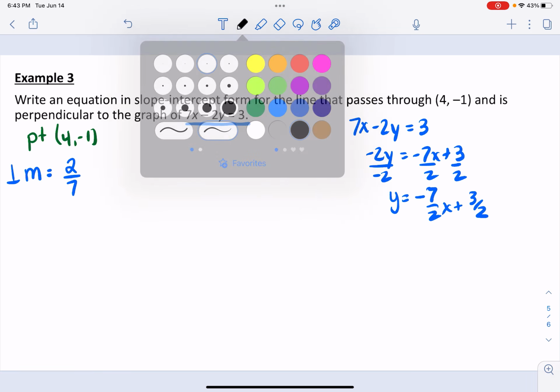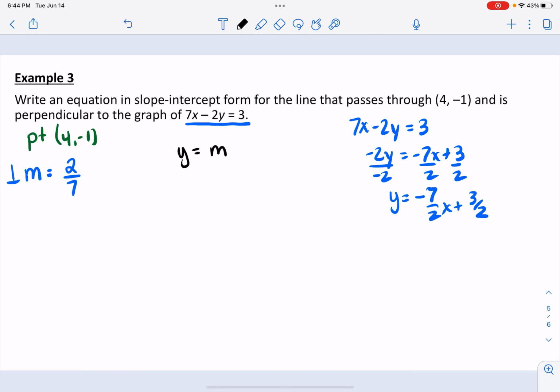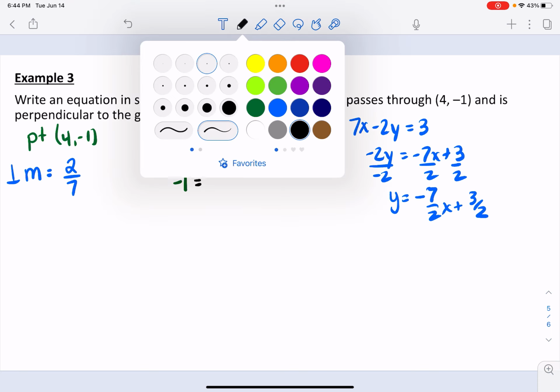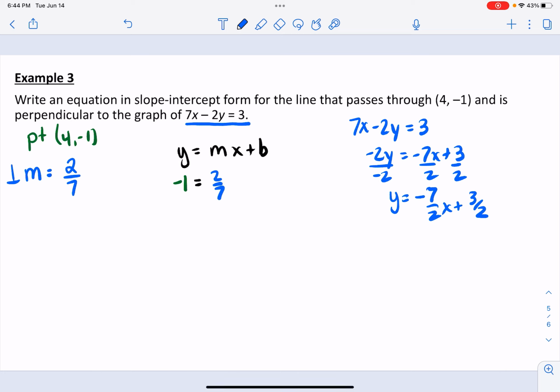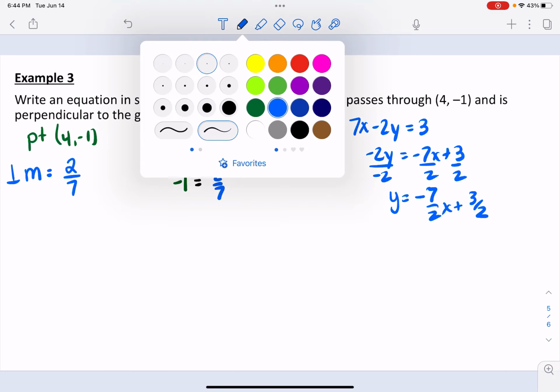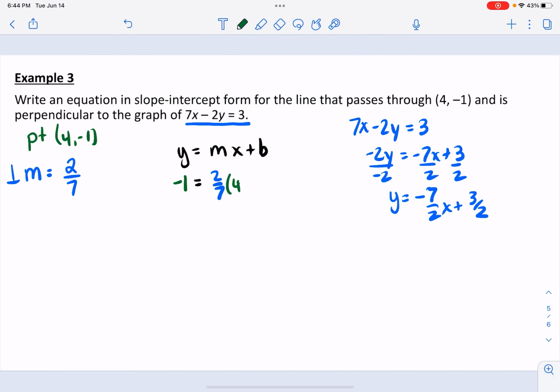Okay, so now we plug into y equals mx plus b. Our y comes from that -1, equals m, which is 2/7, times x, which comes from the 4 from my point, plus b. Now I need to simplify. Oh, they made this challenging on me. That equals 8/7 plus b.